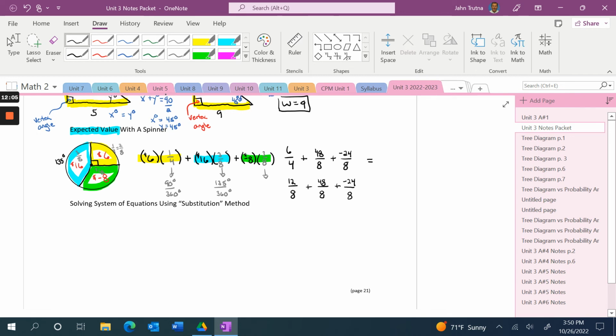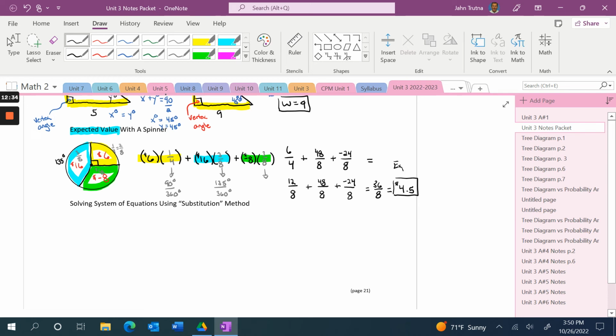Adding these up, 12 plus 48 is 60. 60 plus -24 gives me 36 over 8. And if I divide that out, I get 4.5. Okay, so I get 4.5. And since we're talking about money here, that is the expected value.